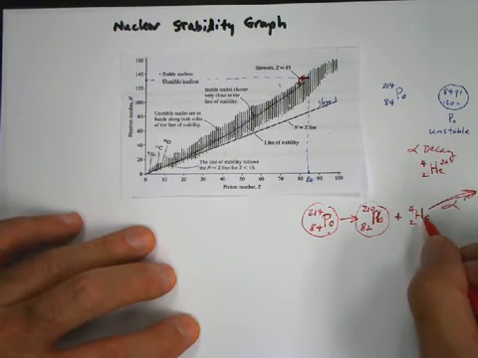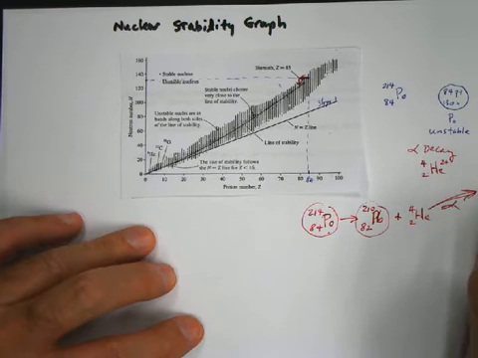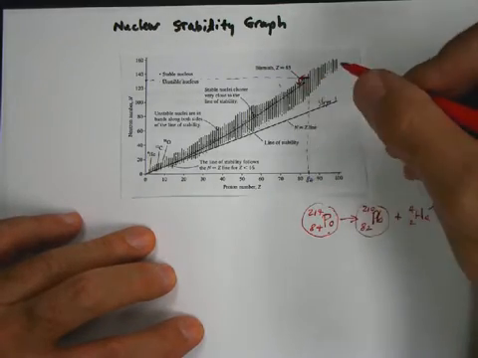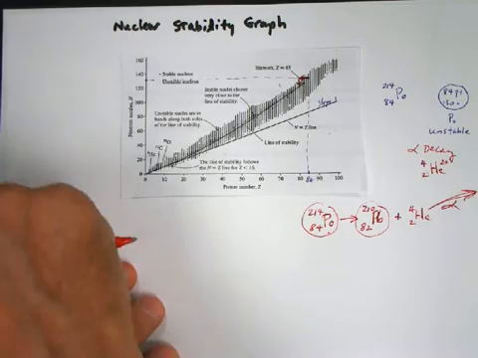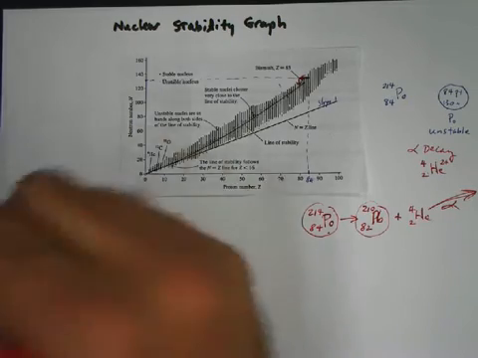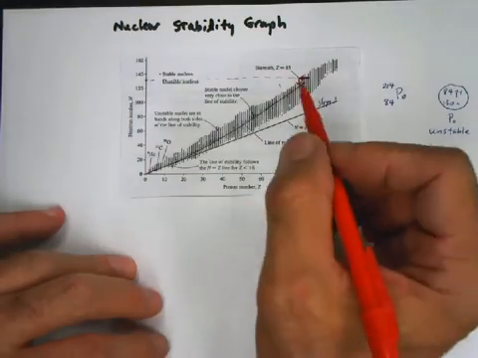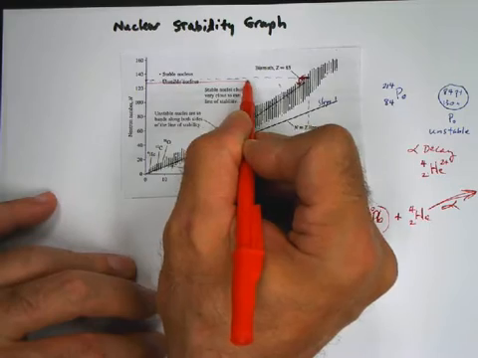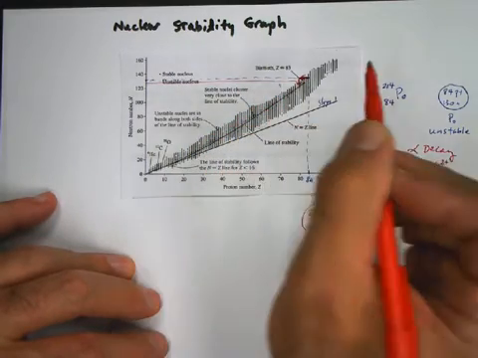Okay, notice that lead-210 has an atomic number of 82, and if we subtract, let's say 210 minus 82, that gives us 128 for the number of neutrons. So 128 and 82.